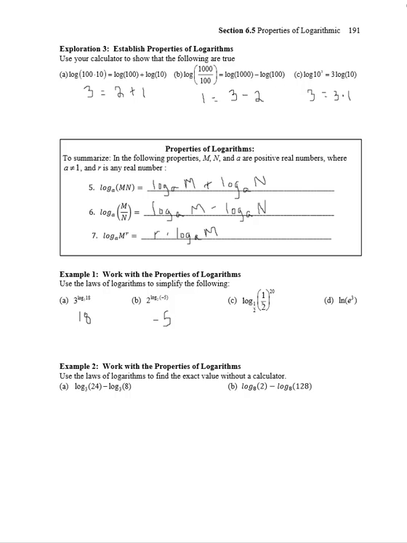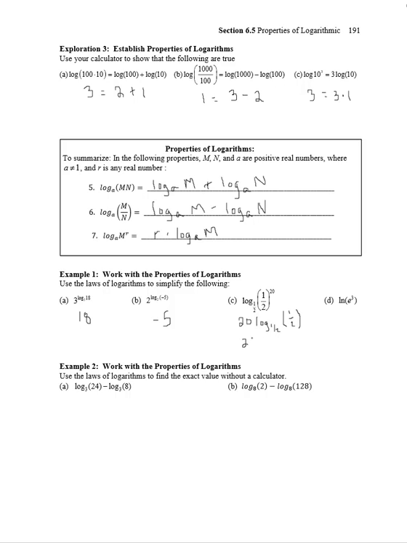Log base 1/2 of 1/2 to the 20th. Remember, we can bring the 20 down in front. And then we have log base 1/2 of 1/2. And remember, when the base of the logarithm and the argument are the same, it's 1.